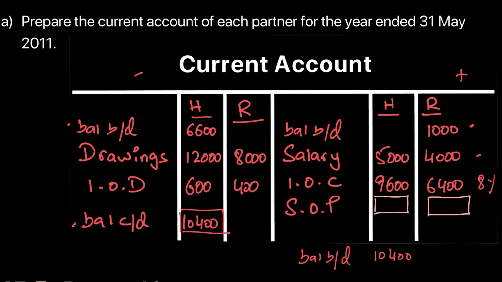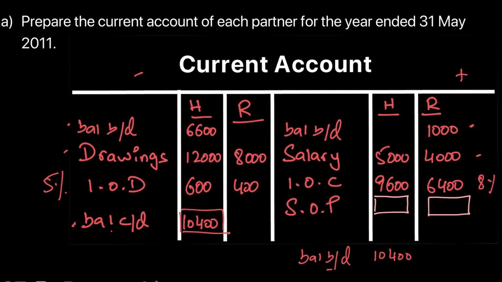When a question refers to a balance, they will always refer to the balance brought down, not the balance carried down. So when they say that Henry has a credit balance of 10,400, they're saying that's his balance brought down. His credit balance means that his balance carried down should appear on the debit side, or on the opposite side. We also know the drawings, 12,000 and 8,000. We know the interest on drawings at 5%. That's 600 and 400. Now what we'll do is we'll go backwards.